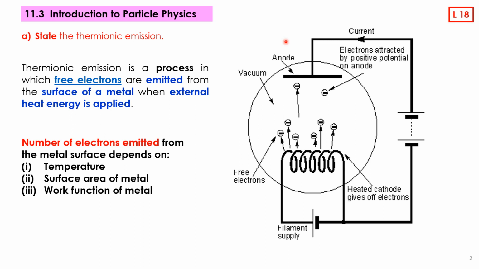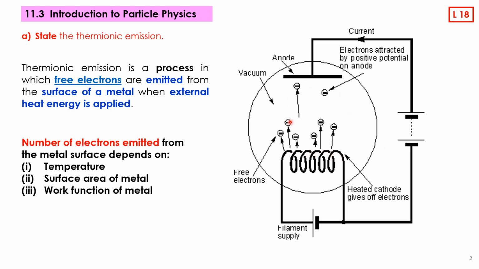The free electrons gain enough energy and overcome the attractive force of the atomic nucleus, which holds the free electrons in the metal. The free electrons will break the bonding with the metal and jump into the vacuum.